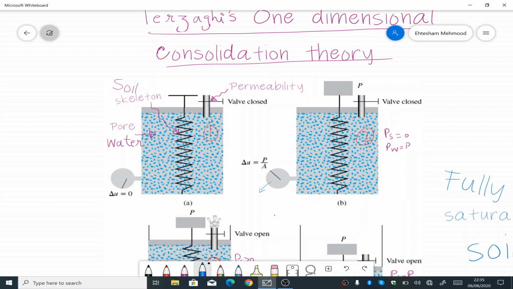What will happen? All the load P that we have applied will be carried by the water, and water carries it by increasing its pore pressure. So there would be an increase in the reading of the pressure gauge attached to the cylinder, and that would be exactly equal to the load that we've applied.